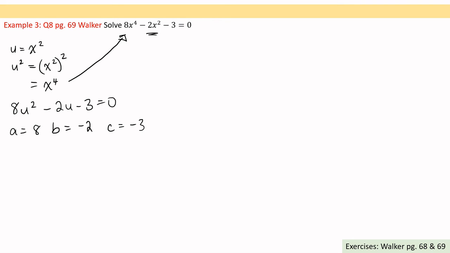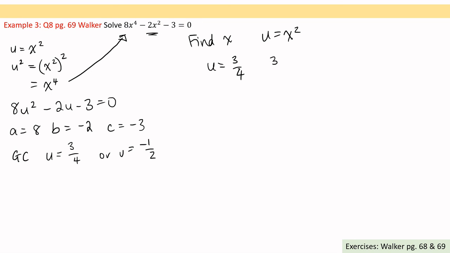This one you definitely want to use your graphics calculator or the quadratic equation for. You don't get nice pretty answers. We get u is equal to 3/4 or u equal to -1/2. Okay, still need to find x. So when u is 3/4, we have 3/4 equals x squared.